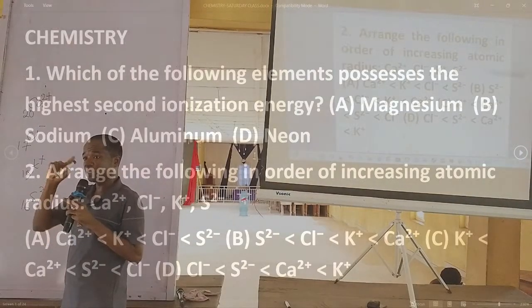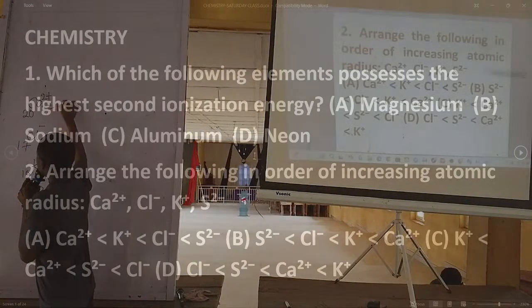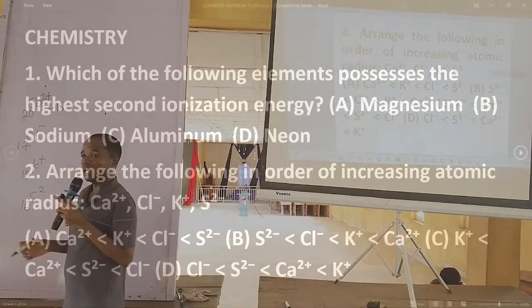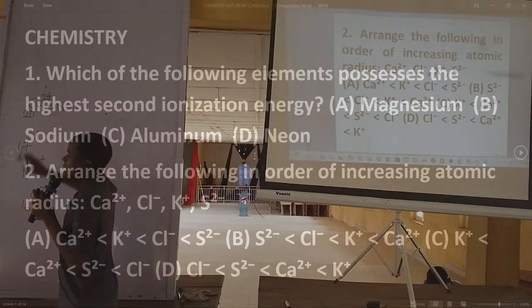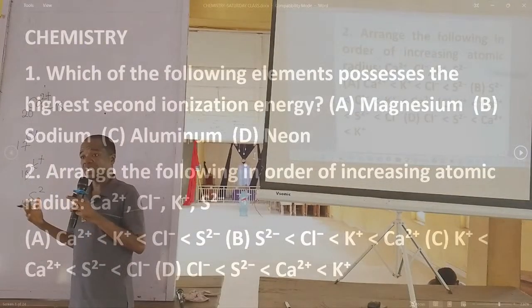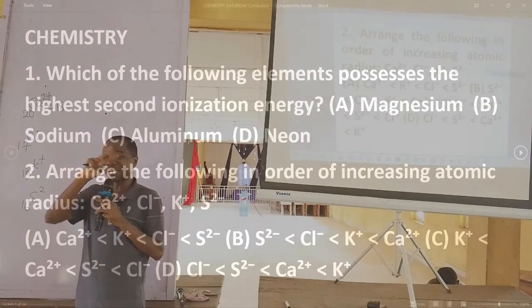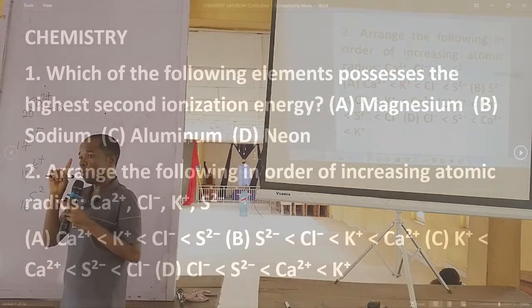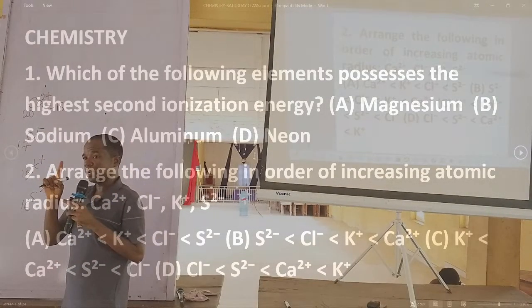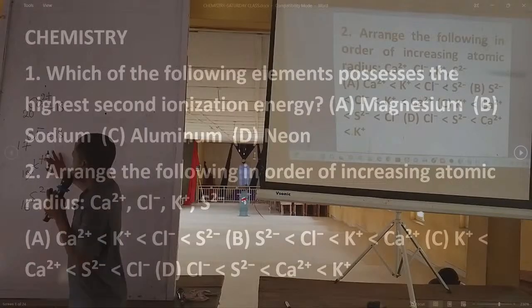That's 20 minus 2, meaning this one is having 18 electrons. Not only that, before chlorine gains 1 electron, it has atomic number of 17, meaning it's having 17 electrons and 17 protons. But this minus here means it has gained 1 electron, making 17 plus 1. That is equally 18.